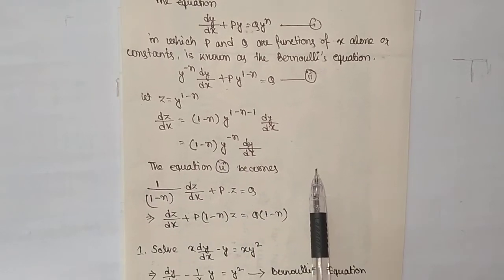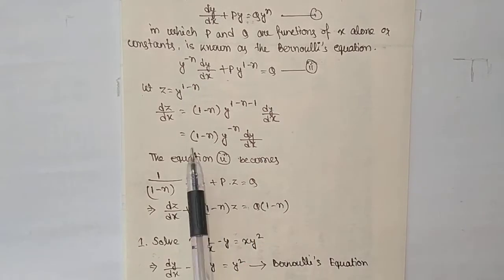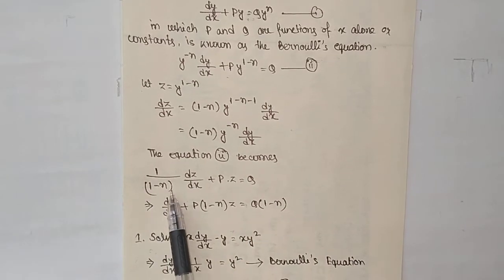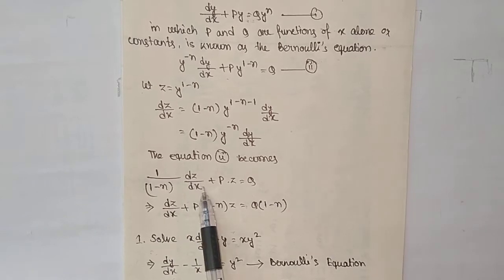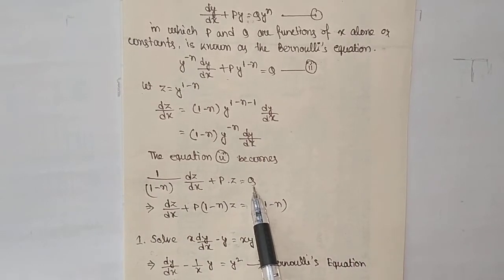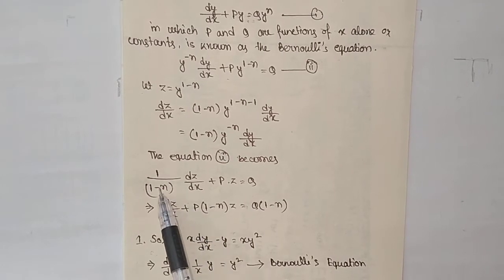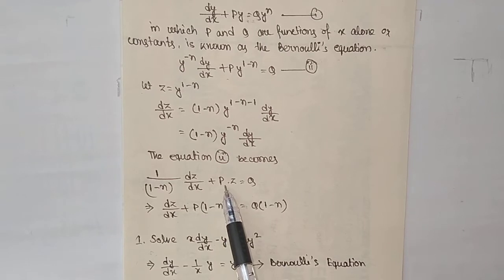Now putting these values in equation 2, we get 1/(1-n) dz/dx + P z = Q. This can be written as dz/dx + P(1-n) z = Q(1-n), since (1-n) is multiplied to both terms.